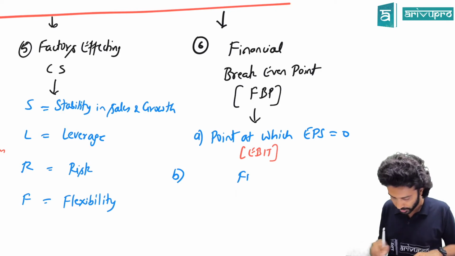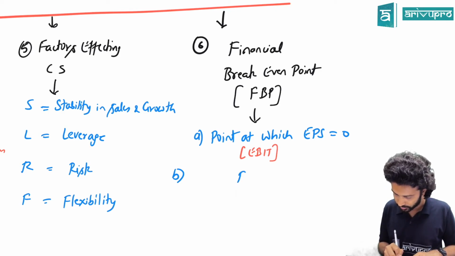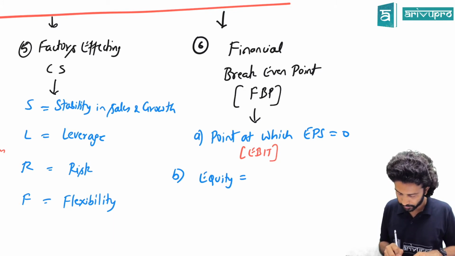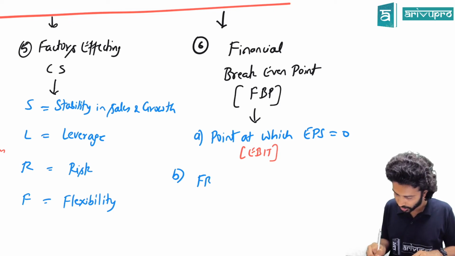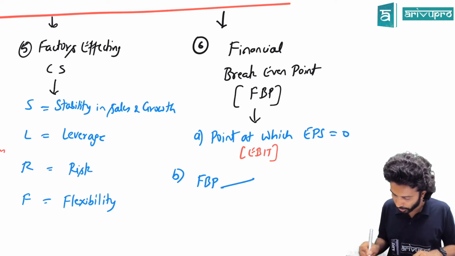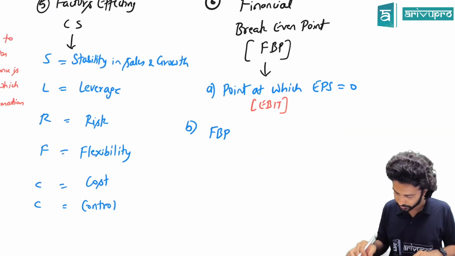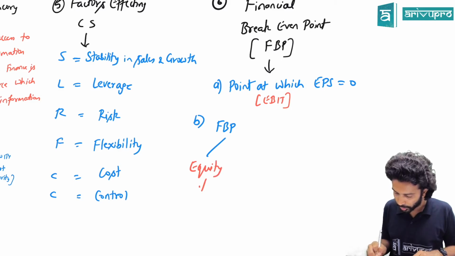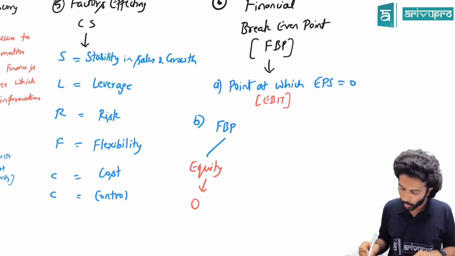Okay, for FBP, for equity, what will be FBP? One moment, I can present it this way, otherwise I have to keep writing. FBP for equity is 0.